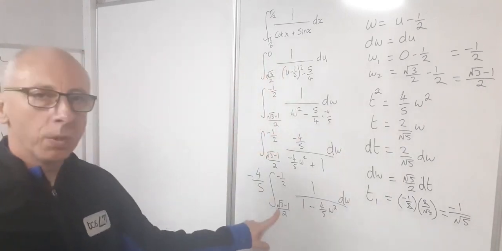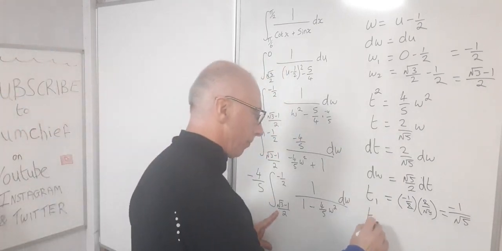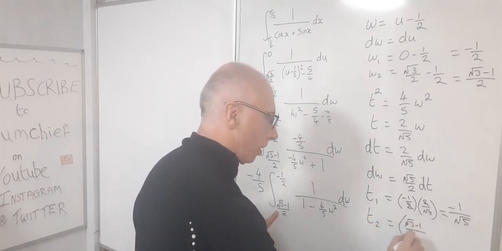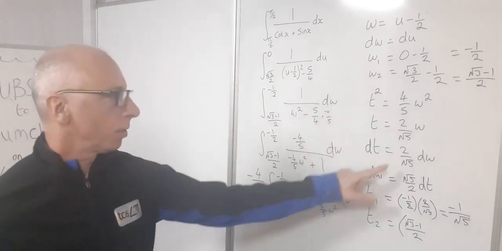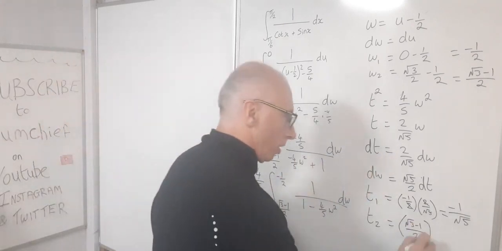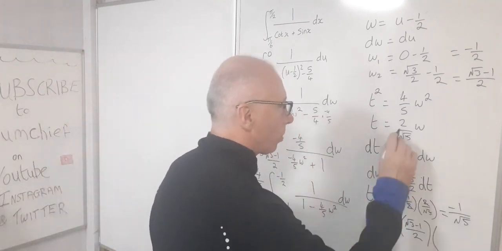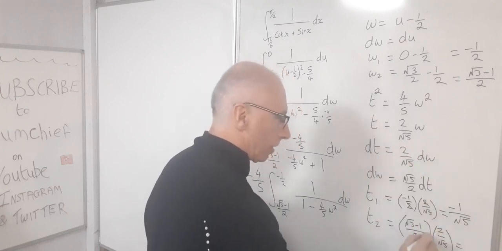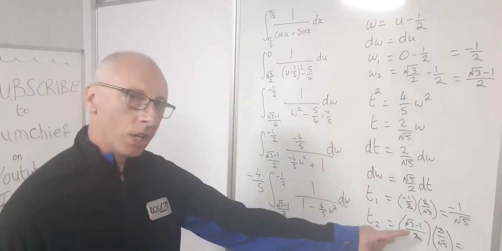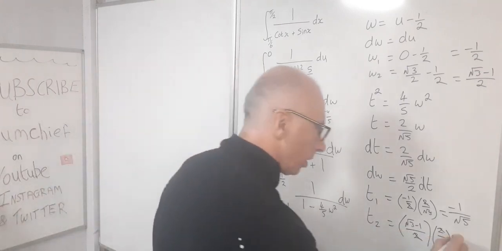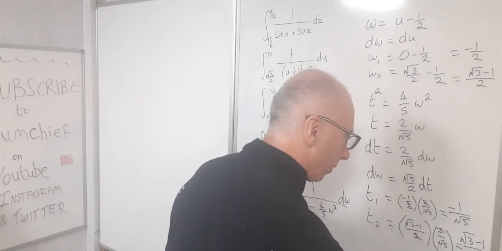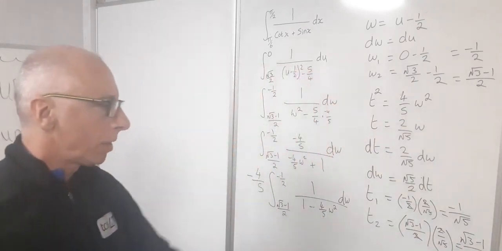And then the other one: √3 minus 1 over 2. So that 2 and this 2 put us in a good place. So 2 over √5, these cancel out, and we get an ugly looking root 3 minus 1 over root 5. So that's our parameters.